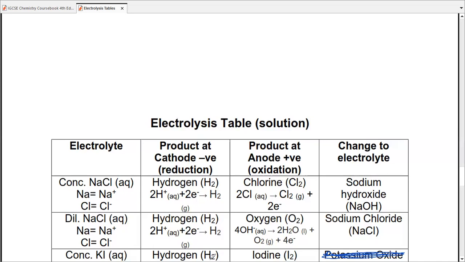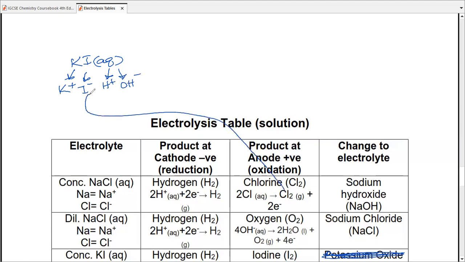Perfect answer. It's a concentrated halide solution. So that's why iodine is forming at the anode. Now, let me clarify. KI aqueous is going to form K positive ions, I negative ions, H positive ions, and lastly OH negative ions.